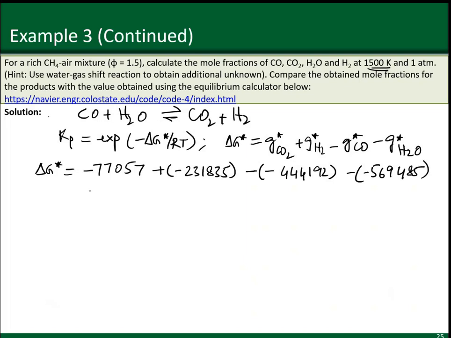Okay, when you do the math, it comes out to be 11,785 kilojoule per kilomole. Okay, so this is the unit for the Gibbs function that's provided in the table, and this is what you will find.